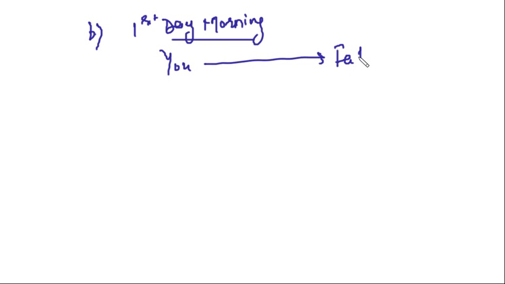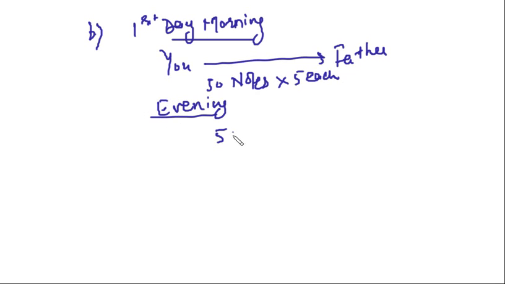On the first day in the morning, you asked your father to give you 50 notes of rupees 5 each. And in the evening, again give 50 notes of rupees 5 each.